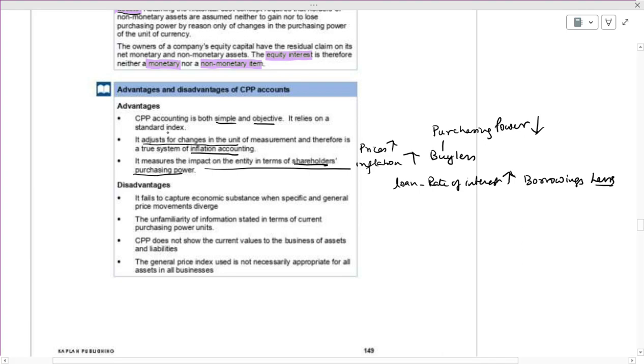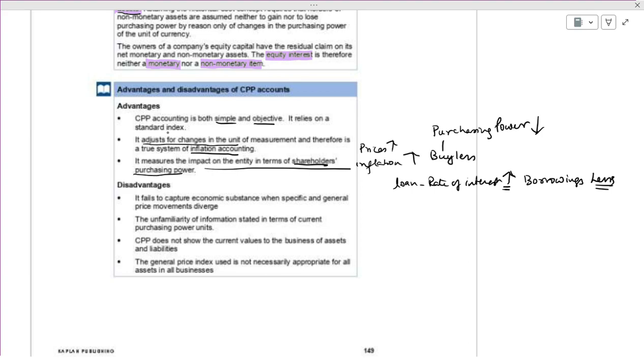My students will say, Doctor, irrespective of the rate of interest we will borrow. That is a different thing. If the rate of interest is increasing, the borrowing is less. Inflation increases, purchasing power will decrease. Prices are increasing, purchasing power will decrease.